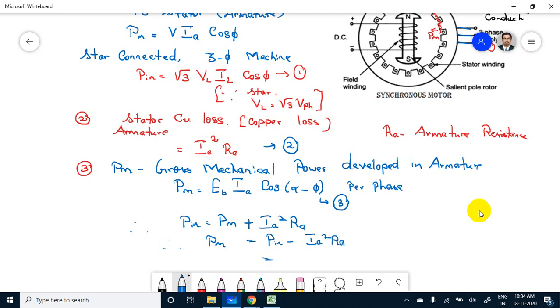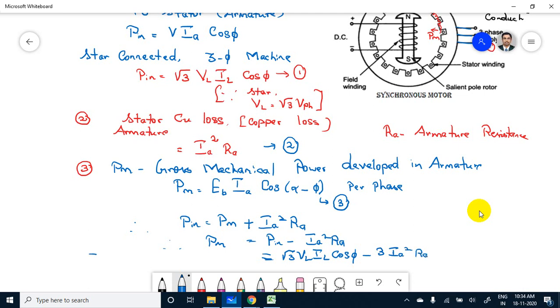So P in we already have in equation 1. So this value is substituted: root 3 VL IL cos phi minus, this is for 3 phase, right? 3 into IA square RA.